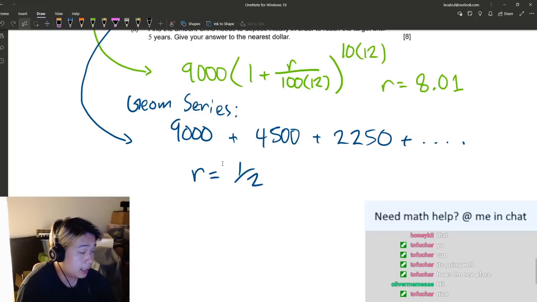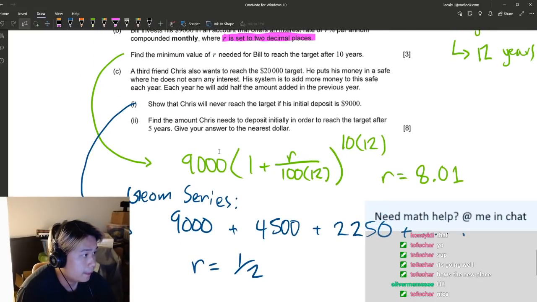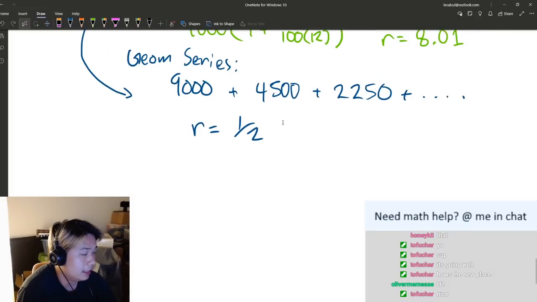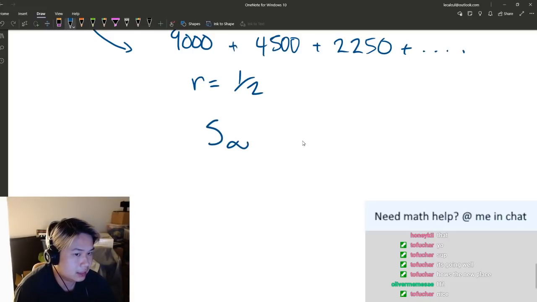Now, we need to show that he will never reach this target if his initial deposit's 9,000. There's lots of ways to show this. Never to me implies that he could do this forever and he won't get there. So to me, this says that I'm going to find the infinite sum.